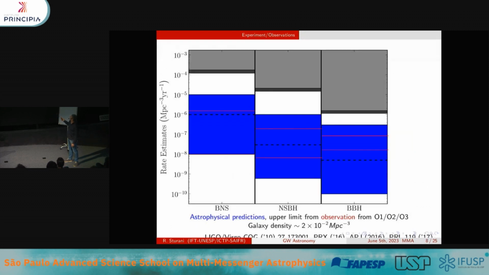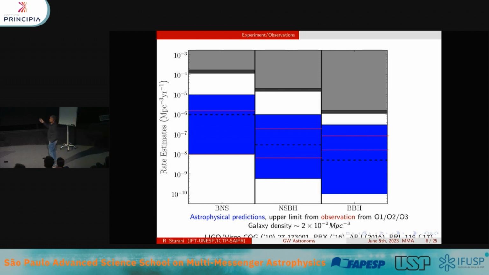But in general, we can see them up to a gigaparsec if they are 30 or 40 solar masses. So despite the rate per galaxy, or per megaparsec cube, being 1 or 2 orders of magnitude smaller than binary neutron stars, in LIGO-Virgo data we see a ratio of roughly 100 to 1. In 19 detections, only 2 were binary neutron stars.